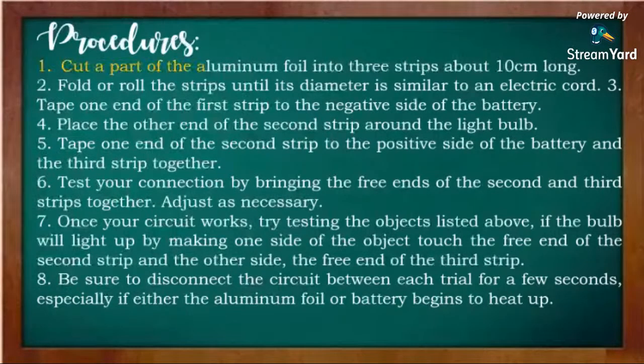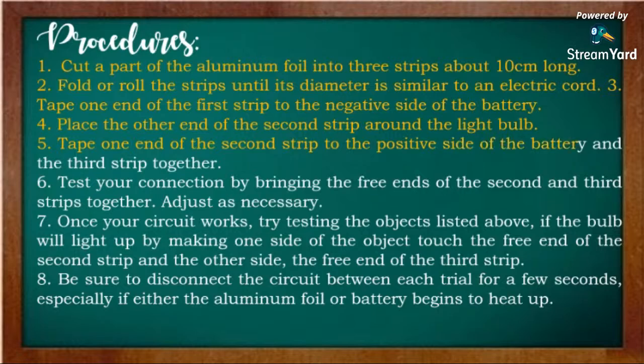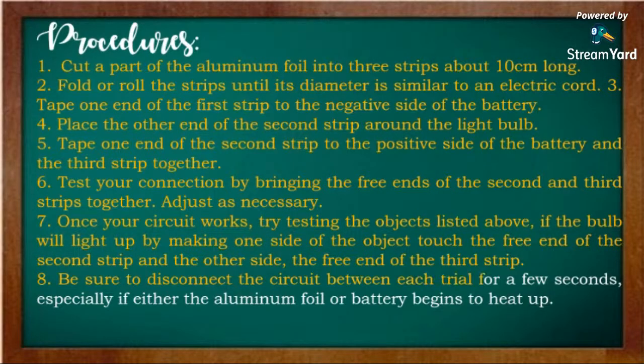Number 5, tape one end of the second strip to the positive side of the battery and the third strip together. Number 6, test your connection by bringing the free ends of the second and third strips together. Adjust as necessary. Number 7, once your circuit works, try testing the objects listed above.